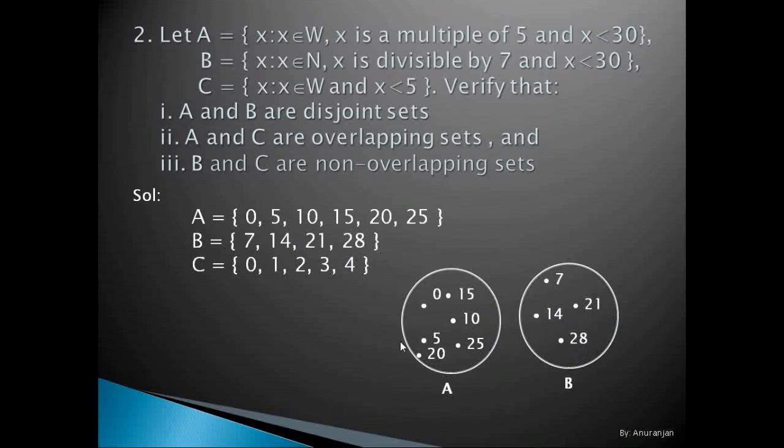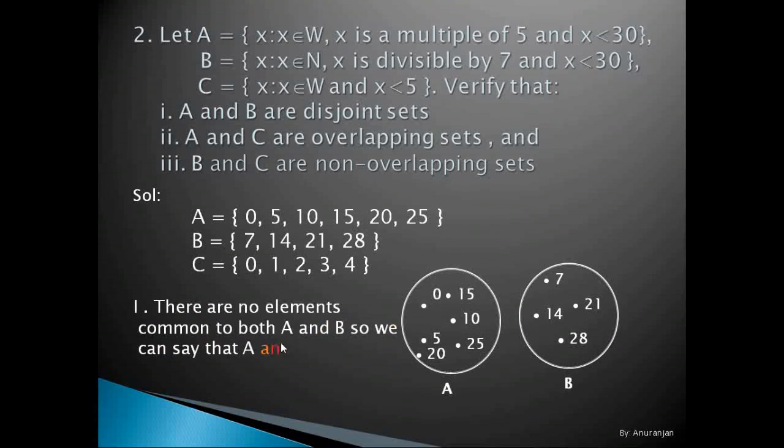Now if you observe here, between the two sets there is no element that is common. So if there are no elements common, then we can say that the two sets are disjoint sets, and we had to verify that A and B are disjoint sets. So we can say there are no elements common to both A and B. So we can say that A and B are disjoint sets.